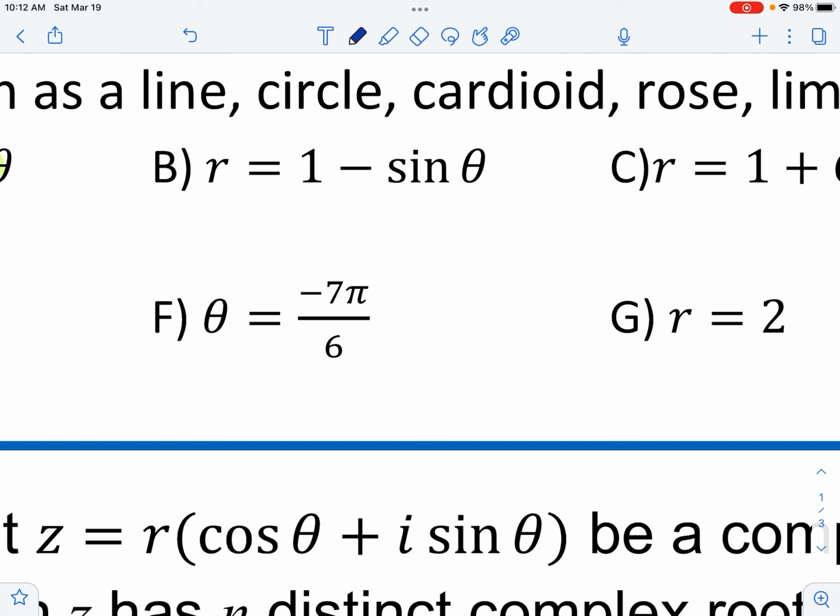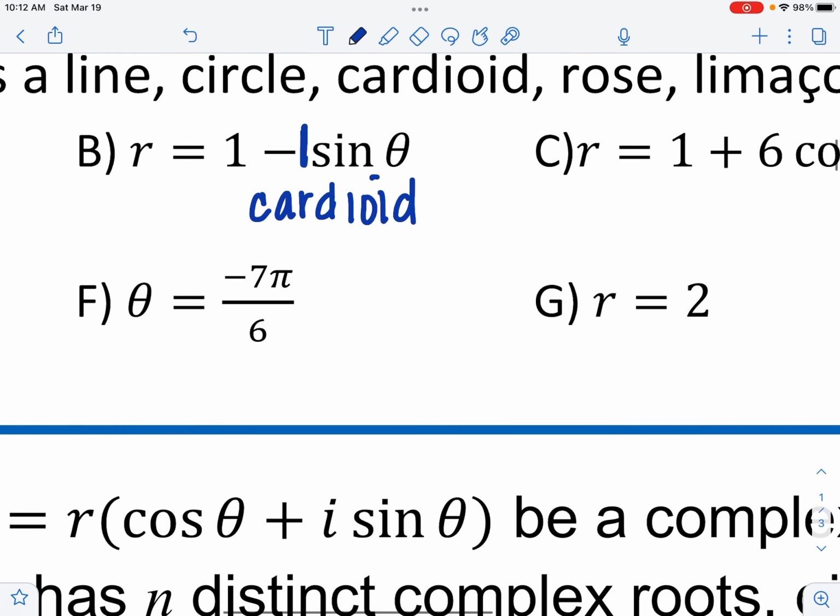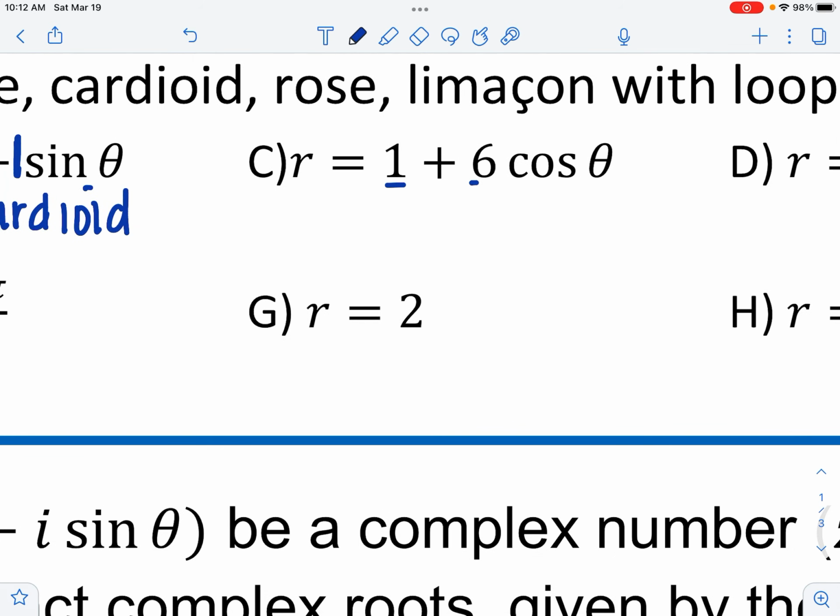If you look at the next one right here, where it's in the form of a plus or minus a sine, these two values are the same, so that is going to make it a cardioid. Next one right here looks very similar to the other one, but if you notice, these two numbers are different. So since those two numbers are different, this makes this a limacon.